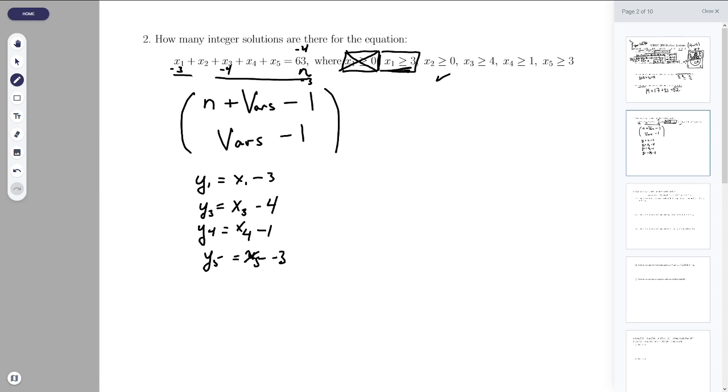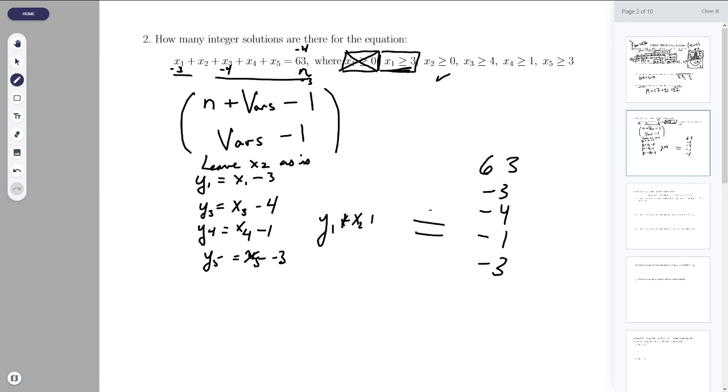And as it turns out, we can leave x2 as is. So we're going to create a new equation. The new equation is going to be 63 minus 3 minus 4 minus 1 minus another 3, not less than or equal to, just equal to, y1 plus x2, which I didn't change, plus y3 plus y4 plus y5.